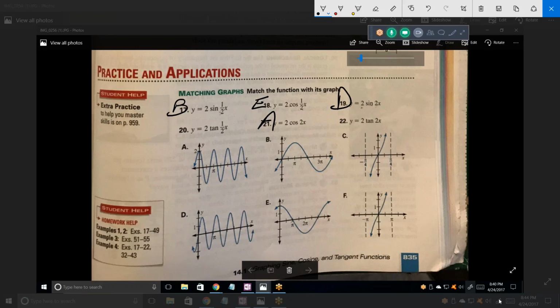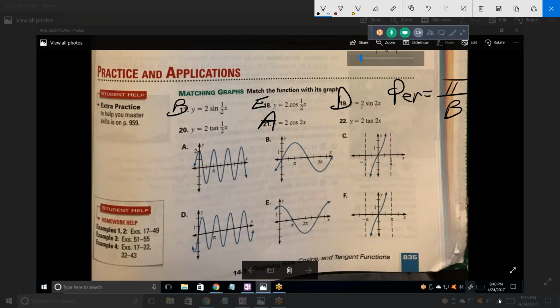Now let's look at our 2 tangent curves. Now, they both look the same, but notice they have different periods. C has a period of pi over 2. F has a period of 2 pi. You see why? Now, the difference is with tangent, the period is not 2 pi over b, it's pi over b.